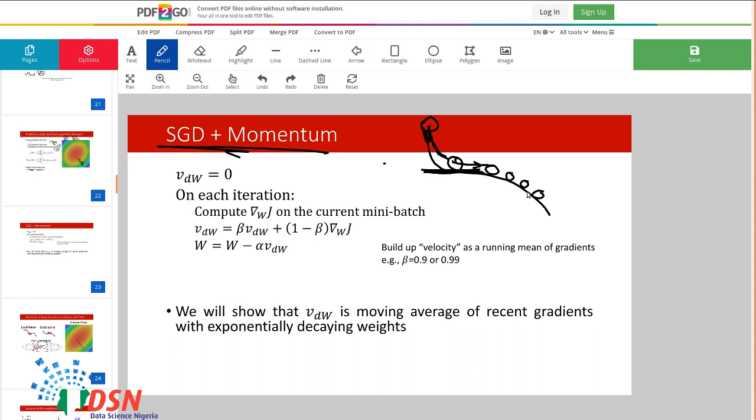So we could solve the problem of the saddle point. This is the idea of momentum.